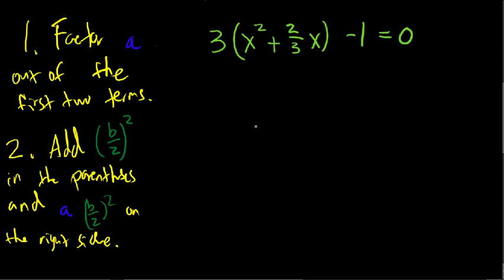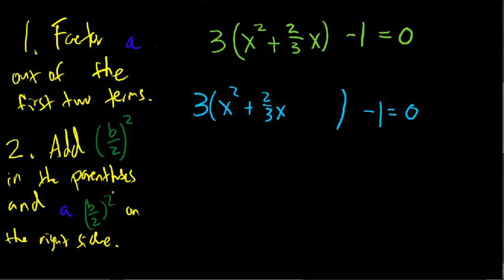It might help, and sometimes people rewrite their equation like this, and then leave a little space because we're going to add something in there. Have the -1 here and then the 0 here. What we're going to do is come in here and add (b over 2) squared basically to both sides.